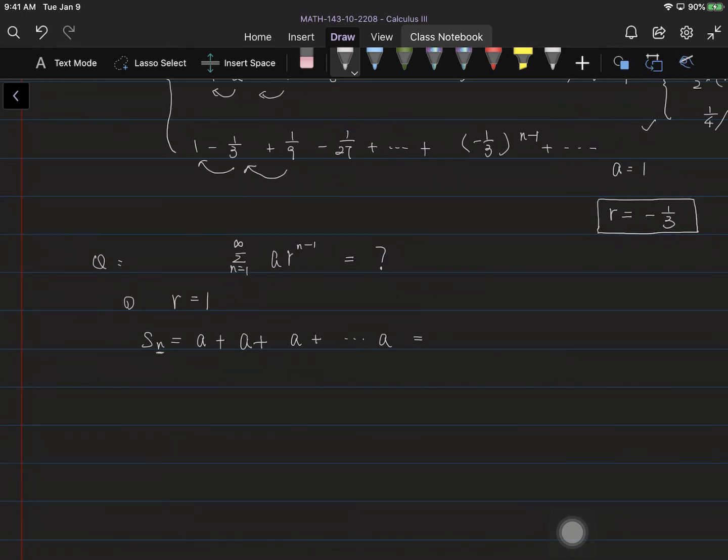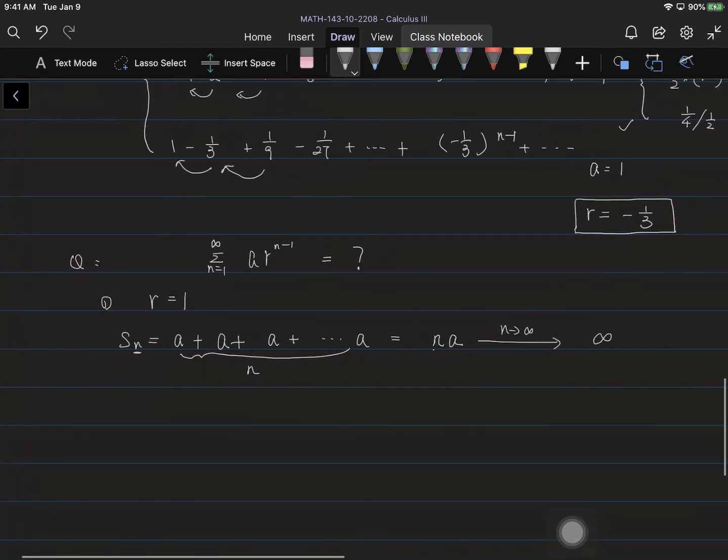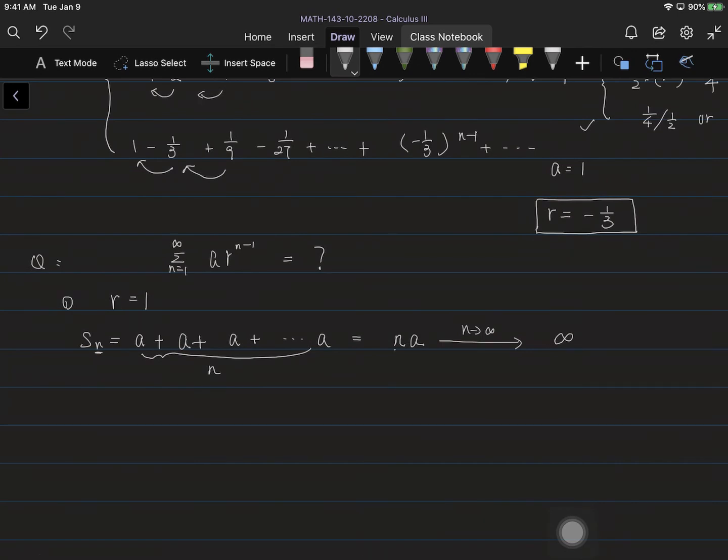Sn means n terms. So here we have n a's. So totally the partial sum should be n times a, right? So when n goes to infinity, this term goes to infinity. So when r equals 1, our series diverges.